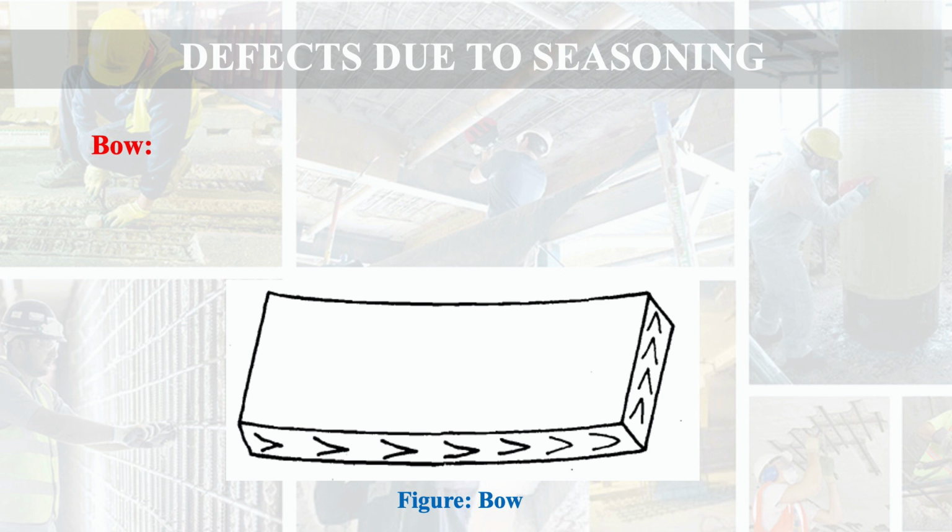So out of these defects, let us begin with the first defect, that is bow. From the name bow, you must be recalling the bow and arrow with which some of you must have played. Of course, this defect draws its name from that bow, because here the curvature of the timber is somewhat similar to the bow, means along the length of the member.